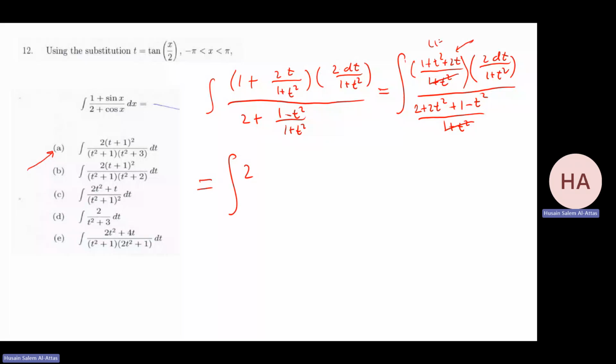What is this one? Let me do one: 1 over 1 minus cosine x. I think we did it before. Actually, we did it in two ways. We get this, and we get this, and we showed they are the same. And he wanted minus cosine x over 2. Let's see, 1 plus sine minus cosine.